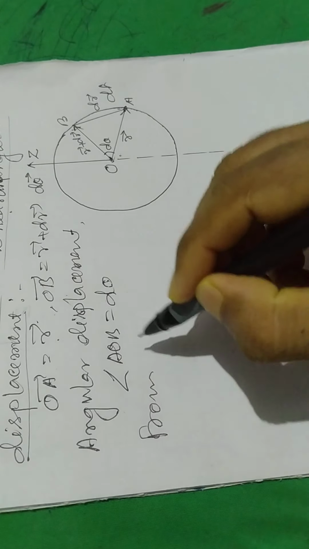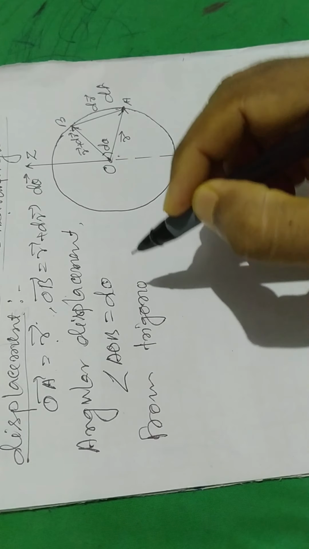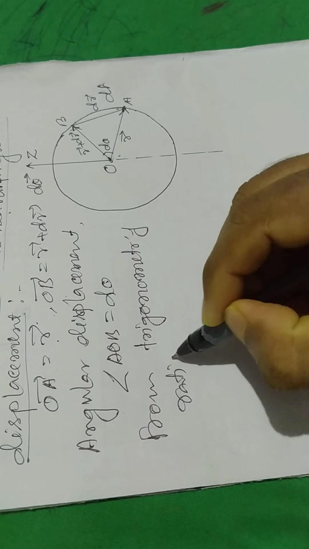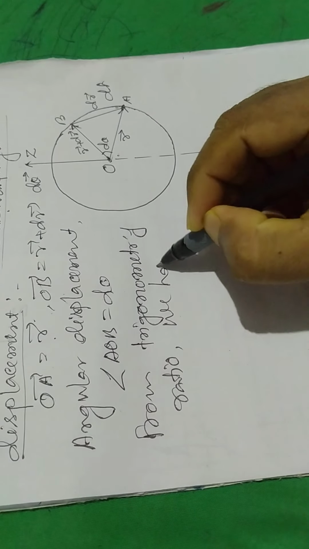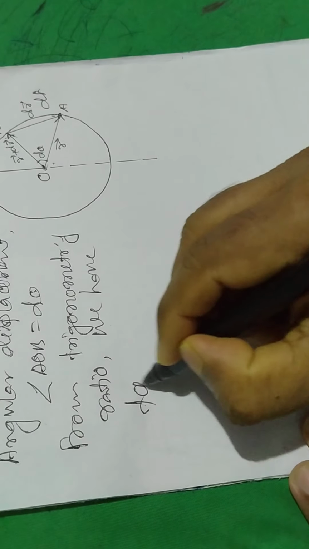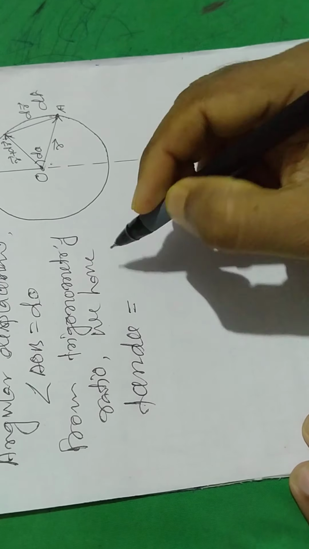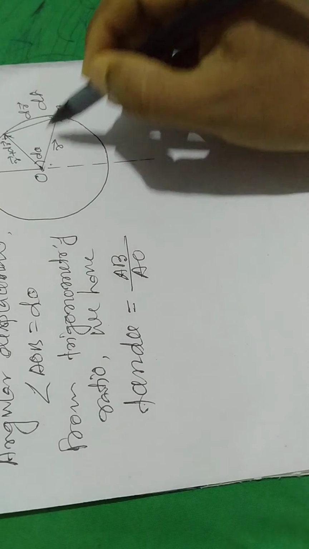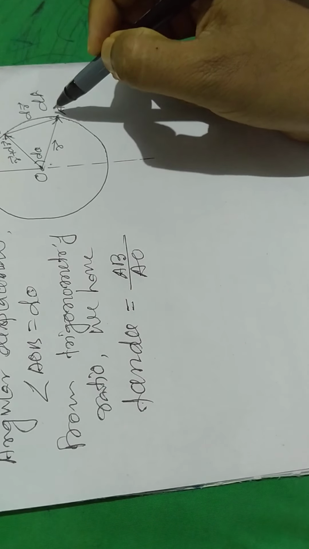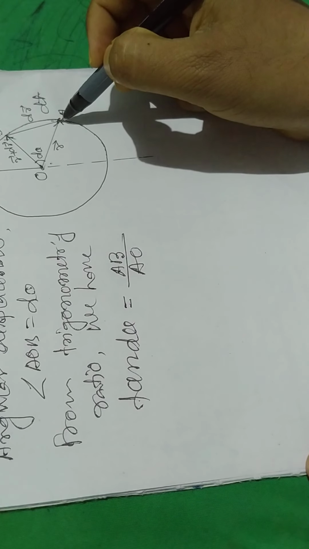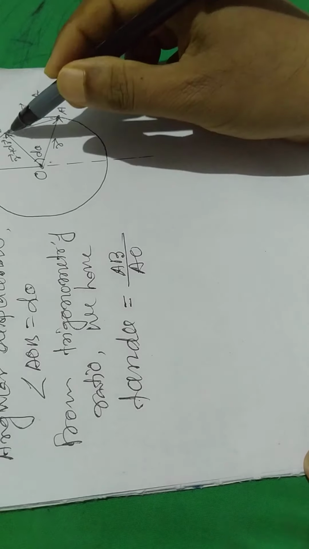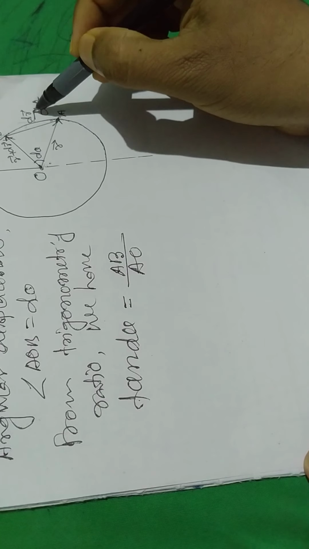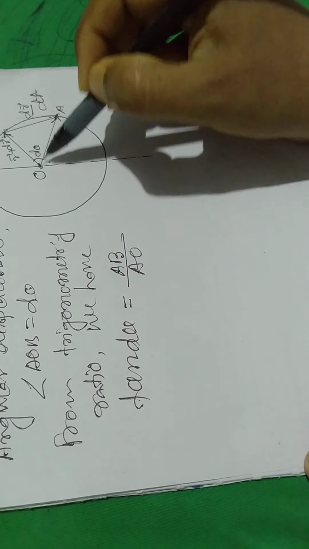From trigonometry, tan of d theta equals, since point B is very close to A, in a small time the particle covers a small linear distance, so AB is perpendicular to OA.